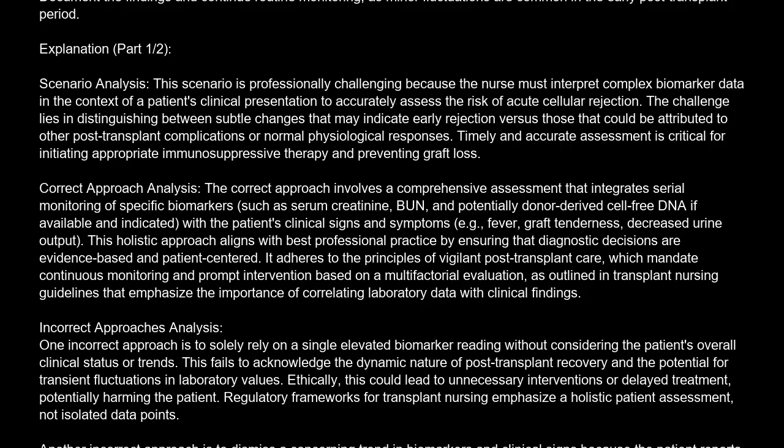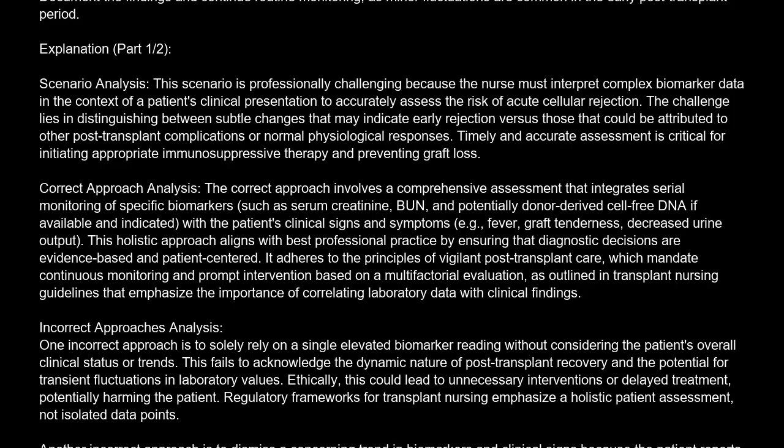This holistic approach aligns with best professional practice by ensuring that diagnostic decisions are evidence-based and patient-centered. It adheres to the principles of vigilant post-transplant care, which mandate continuous monitoring and prompt intervention based on a multifactorial evaluation, as outlined in transplant nursing guidelines that emphasize the importance of correlating laboratory data with clinical findings.